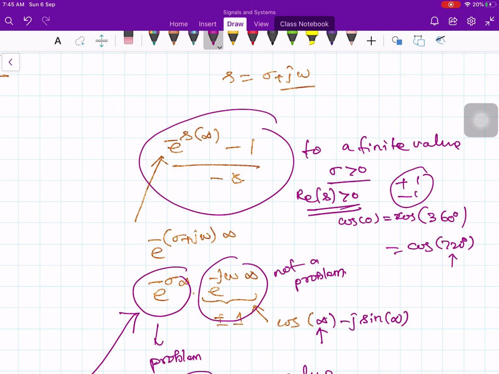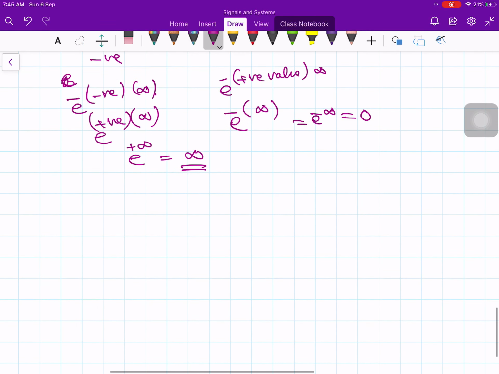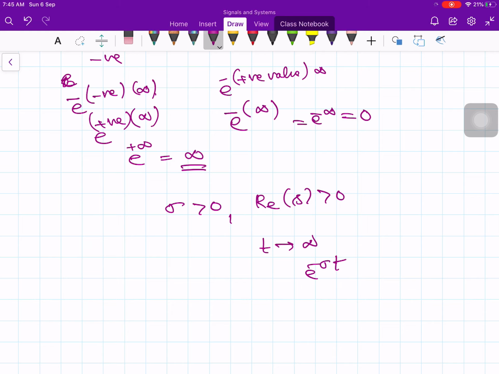So as long as sigma is positive, that is sigma is greater than 0, then real part of s is greater than 0. That means as long as sigma is positive, when t goes to infinity, the magnitude of this function, which is governed by e to the minus sigma t, goes to 0.